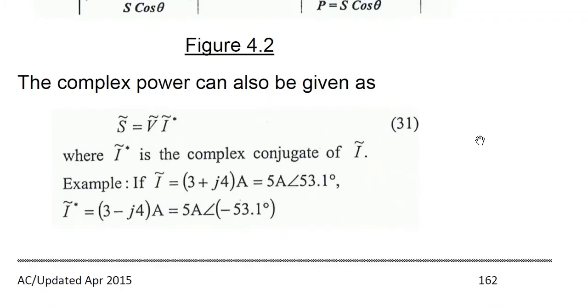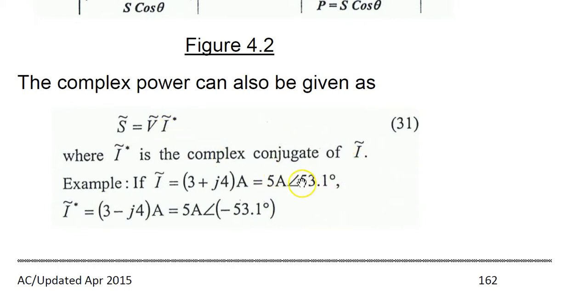If we look back at the earlier part of this topic, you see that equation 31 refers to this formula whereby the power, the complex, when we put a theta there, we say it's a complex power, or we always call it apparent power. It can be computed based on the voltage and the complex conjugate of the current. What is the meaning of complex conjugate?